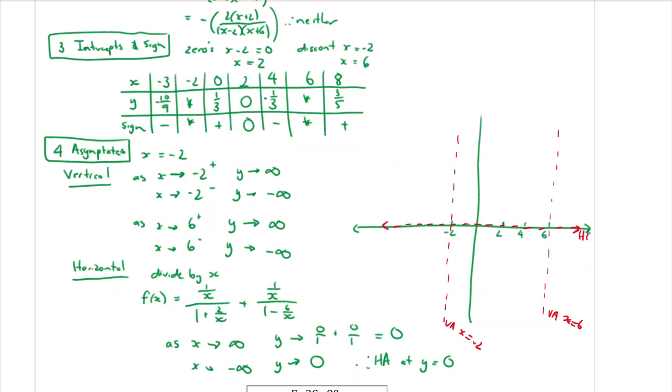Where did you find that? The very last thing right down the bottom. I found an intercept or a 0. Where was my 0? At x equals 2. So there's an intercept right there.